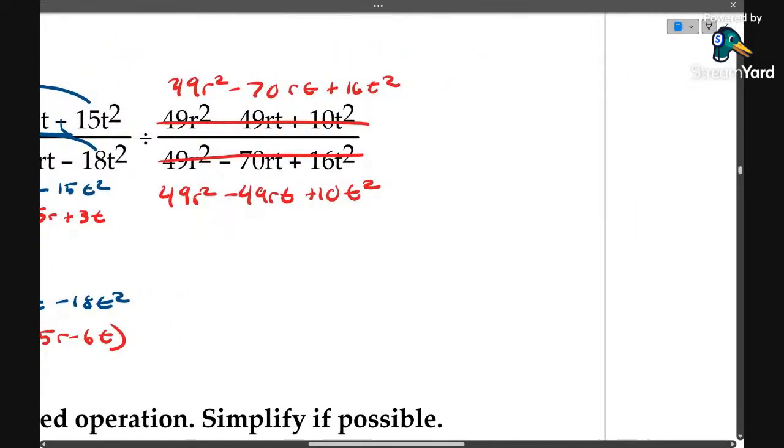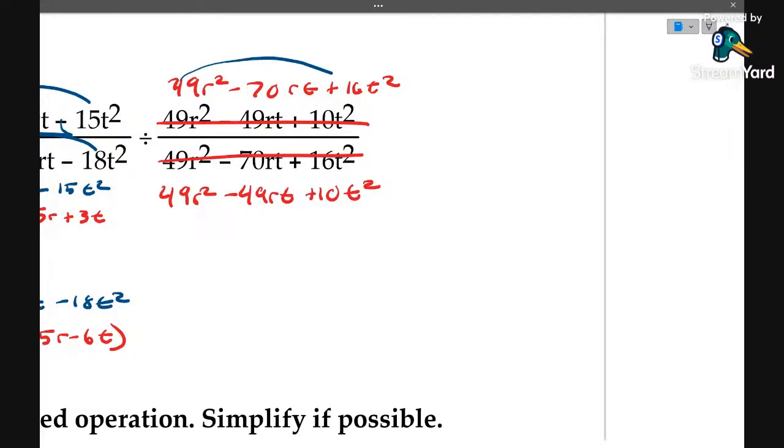All right, so we're going to continue that again. We're looking at 49 times 16. So we want a product of 784 and a sum of negative 70.